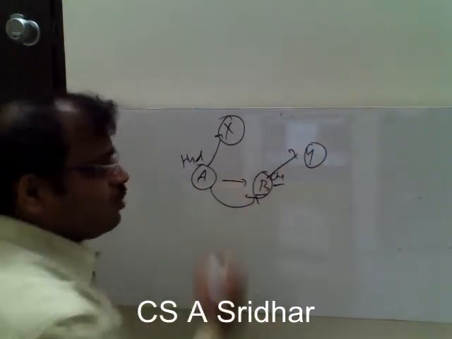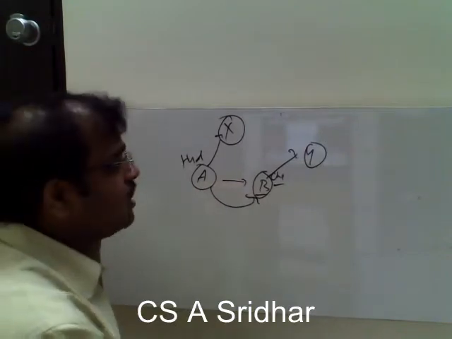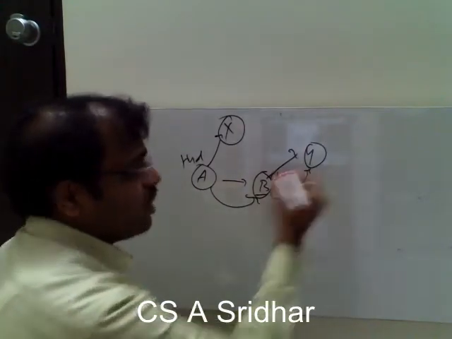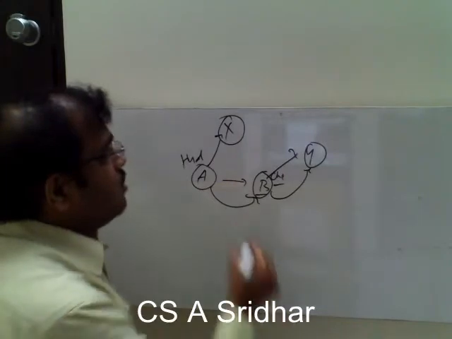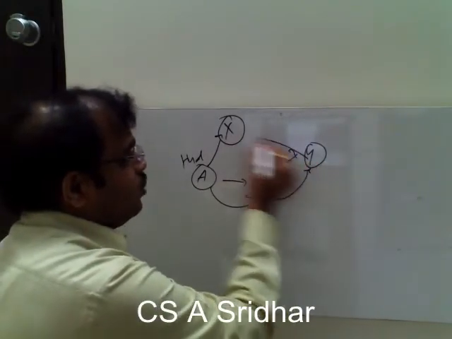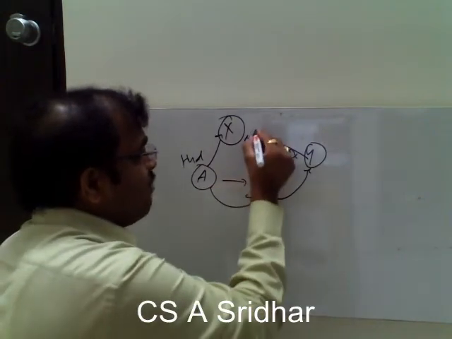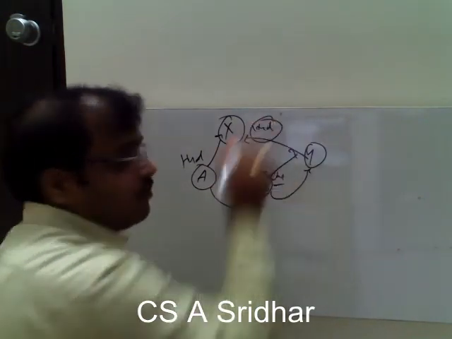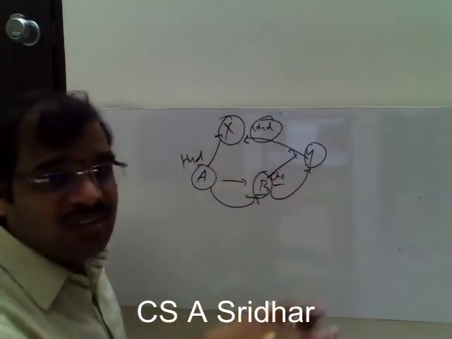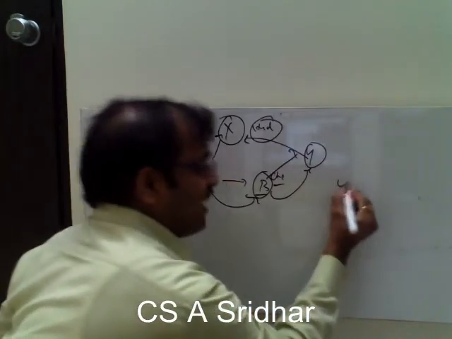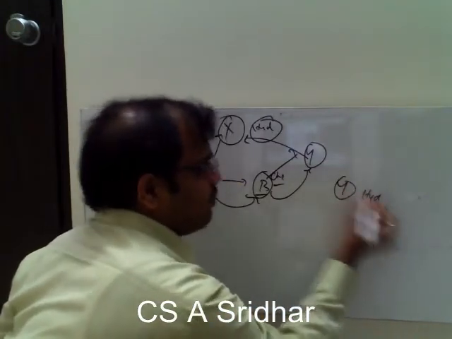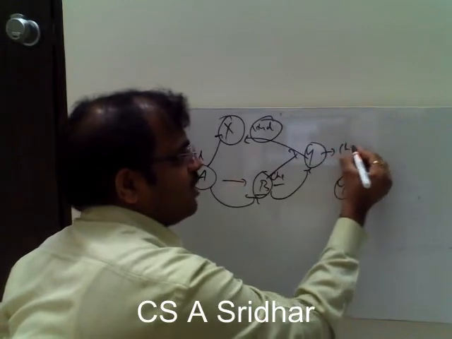When A gave the check to B, B gave the check to Y. Generally, Y should approach X banking company. That means Y should have a branch at Hyderabad. That means Y will give this check to another Y bank that is situated at Hyderabad. Here this Y bank is situated at Chennai.